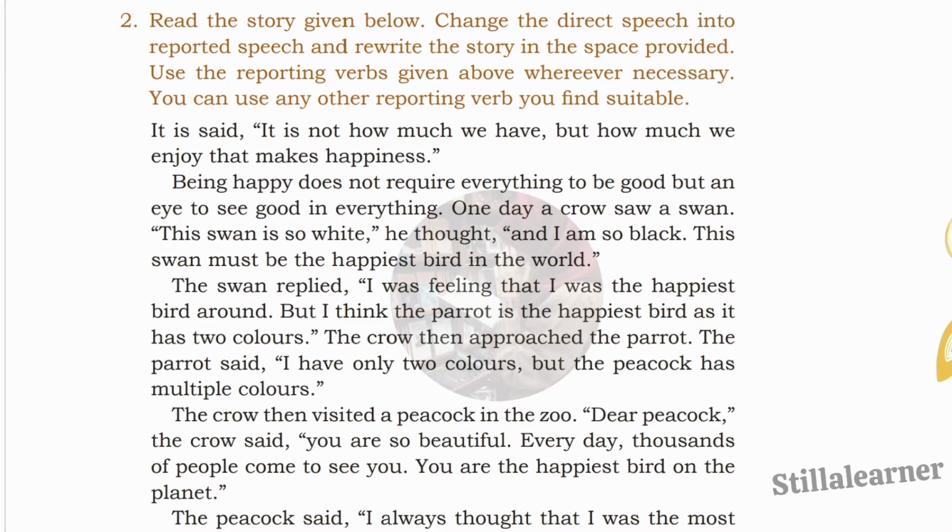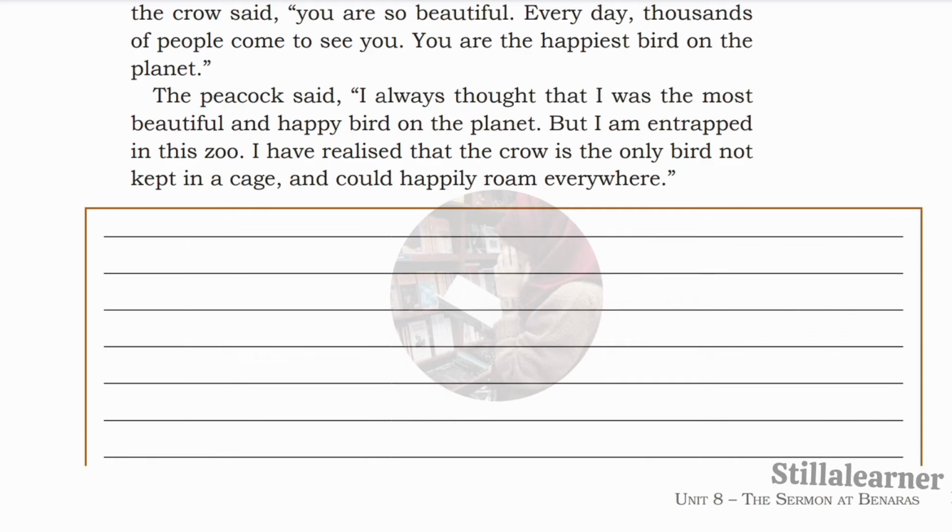So this is exactly the same as the above question. Here also one story is given, which is an unknown story. Now what we have to do? We have to change the direct speech into indirect speech wherever necessary, and then we have to rewrite the story again by applying some changes. Okay, let's see the answer for this.